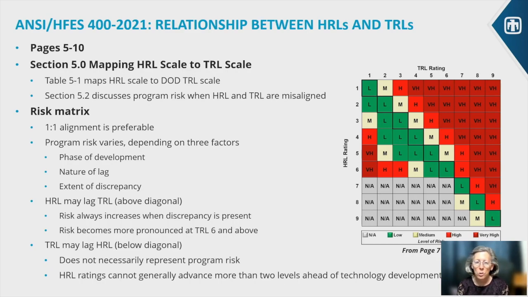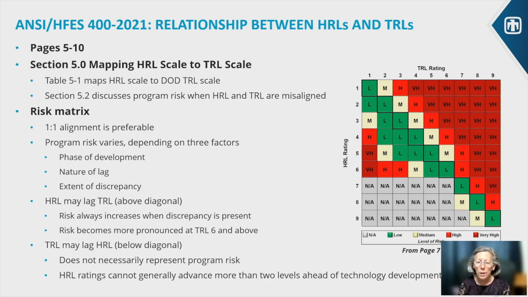They use different terminology, but they're very similar. But we showed here's where TRLs fit into existing acquisition processes, and here's how the HRLs would fit in with those TRLs. But then we spent some time talking about what's the risk to the program if the HRL and the TRL are misaligned. And that's what this matrix here shows.